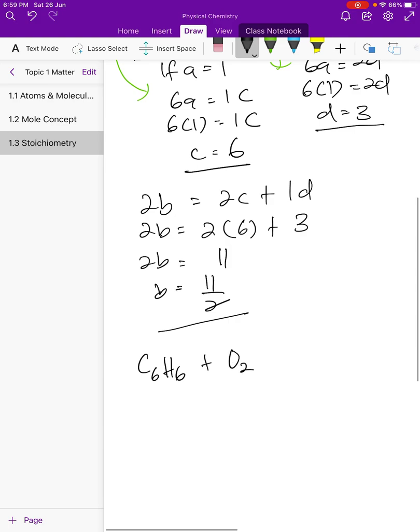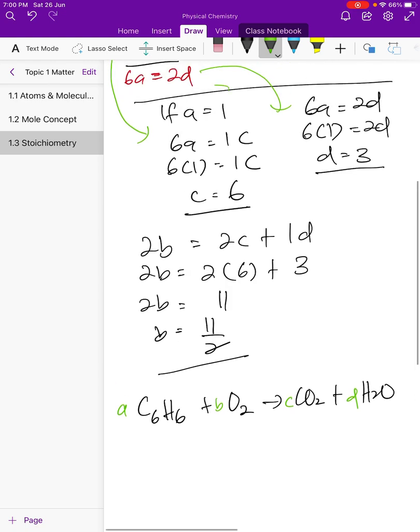C6H6, O2, CO2, H2O. This was A, this was B, this was C, and this was D. So we start with A first. A equals to 1, so we erase and we put 1. B equals to 11 over 2, so erase.